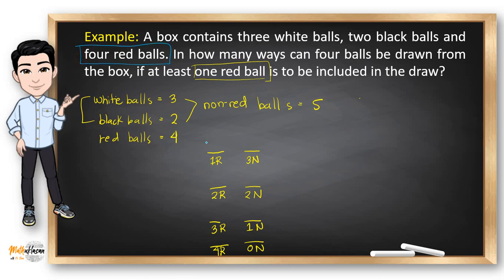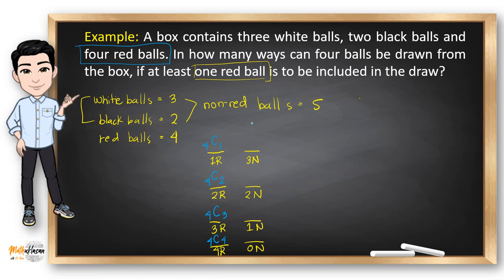In this event, we have four red balls in the box, but we only have to choose two from it. In the box we have four again, but here in this event, we just need three. And here, four red balls in the box, and we should get four red balls from there.